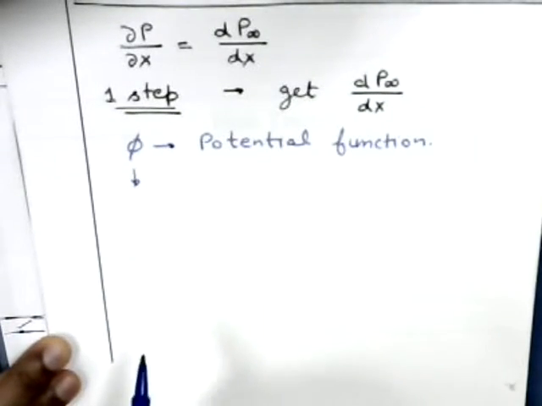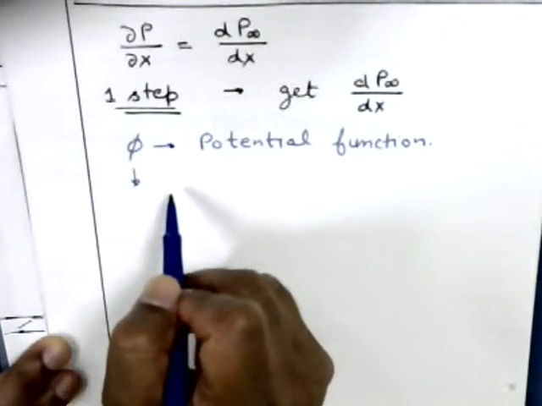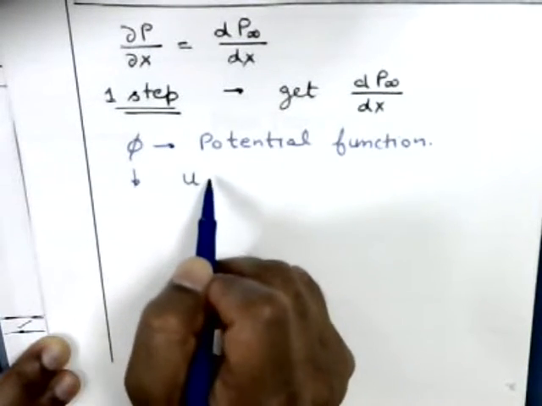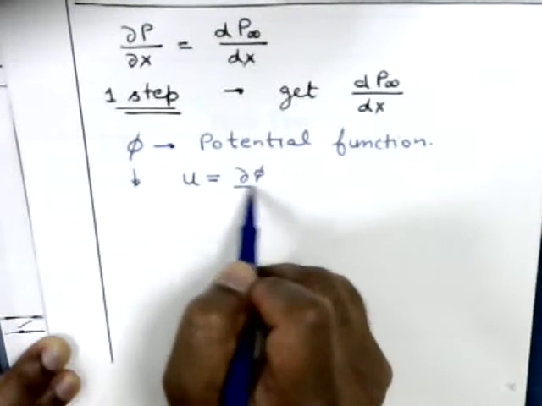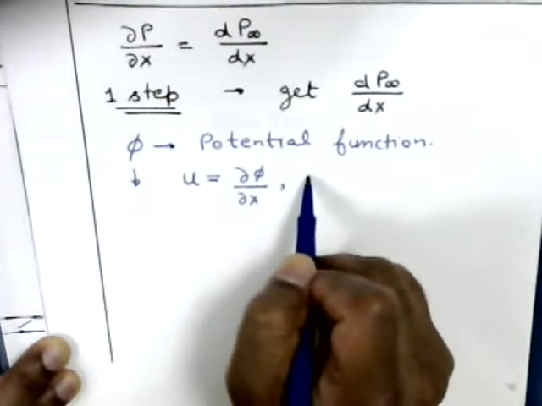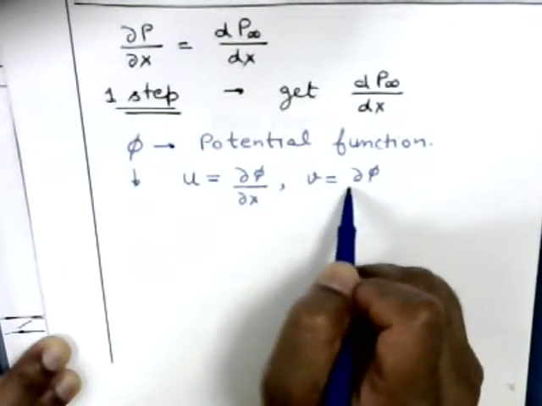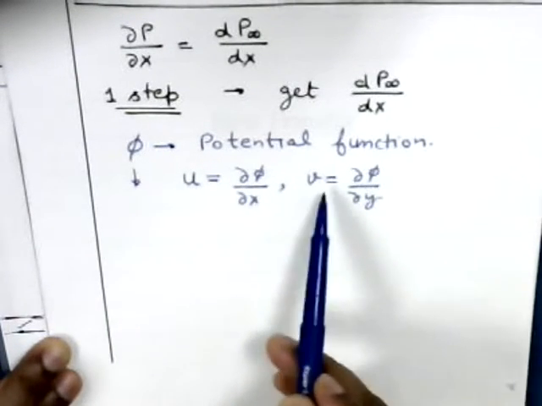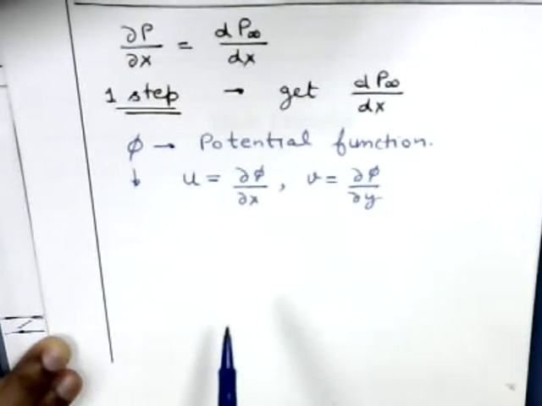Okay. And then we can solve for velocity from phi. So, in 2 dimensions, u is del phi del x, v is del phi del y. Okay. So once we get the potential function, we have the velocity. Okay.